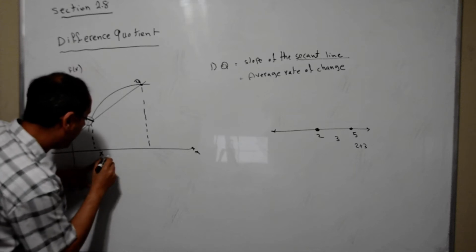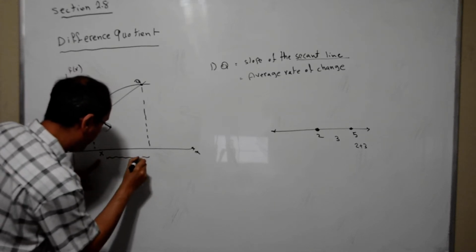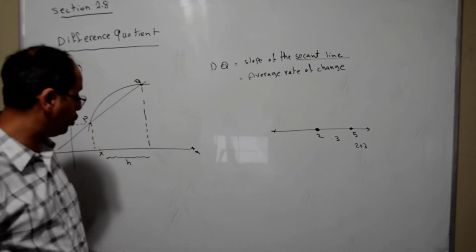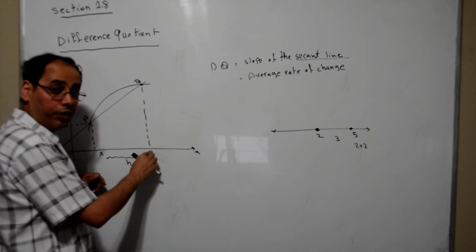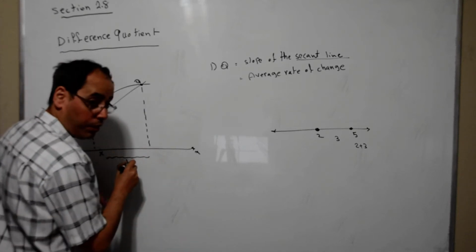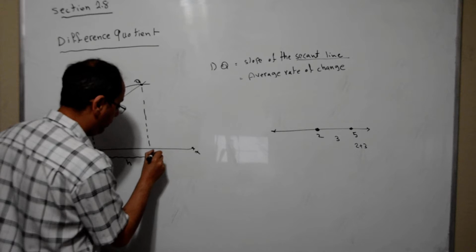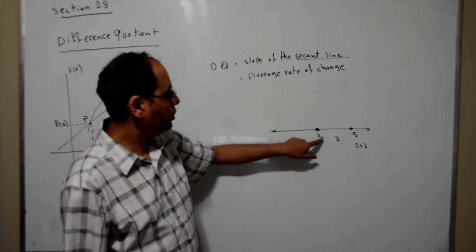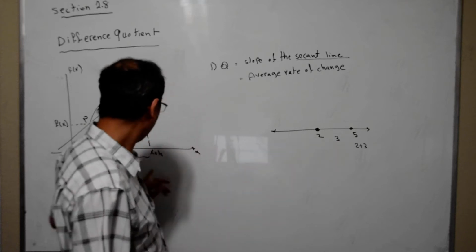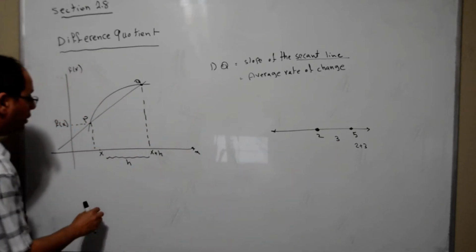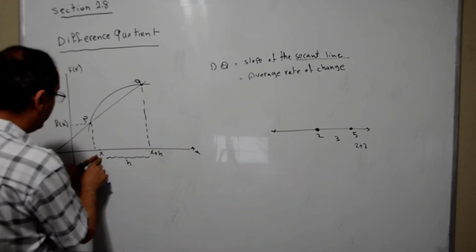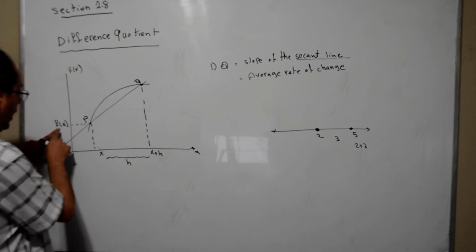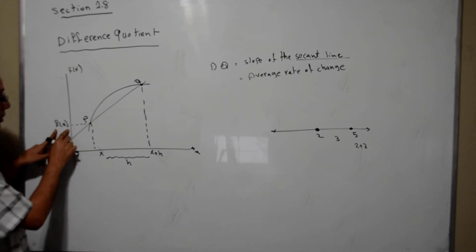Okay, so if this is x, and I tell you that this distance is h, what is the point? x plus h. Is that clear? 2 plus 3, x plus h. Alright, so if this is x, the y-coordinate is f of x.